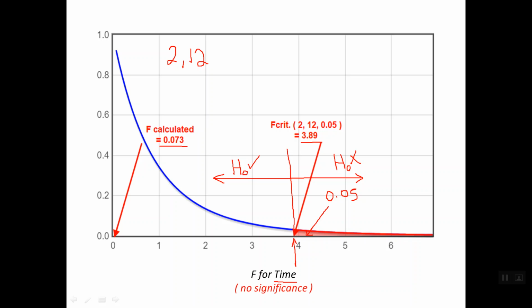So we conclude that there is no significance for the second factor, which is the time, which means that we accept the null hypothesis for the second factor, which means that the average for the first drying time is the same as the average for the second drying time, which is the same as the average for the third drying time.